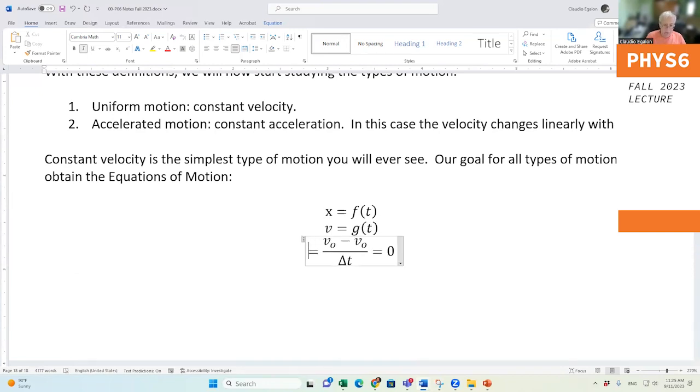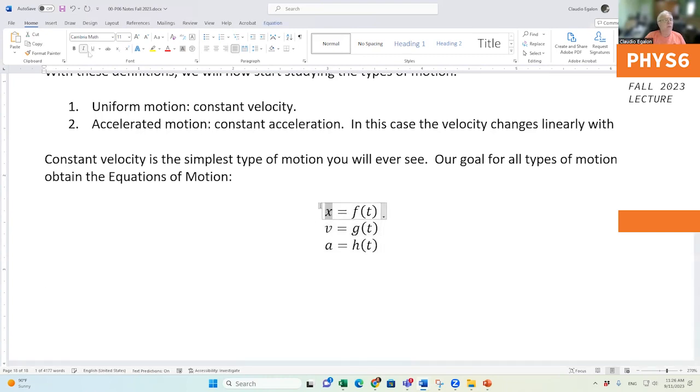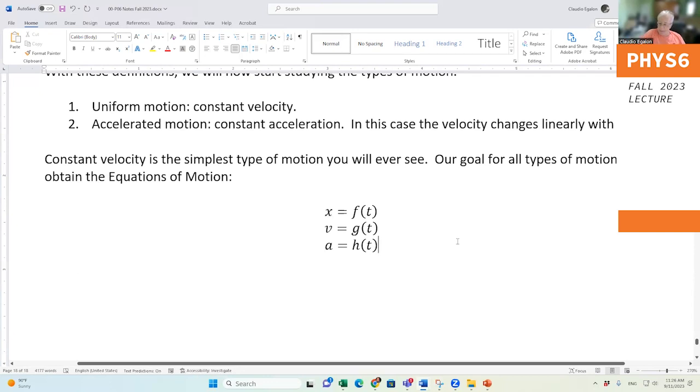And finally, how the acceleration changes, if it does, with time. The equations of motion are relations of x, v, and a, of the position, velocity, and acceleration in terms of time. That's what the final goal of the study of kinematics is all about: to find the x, v, and a in terms of time.